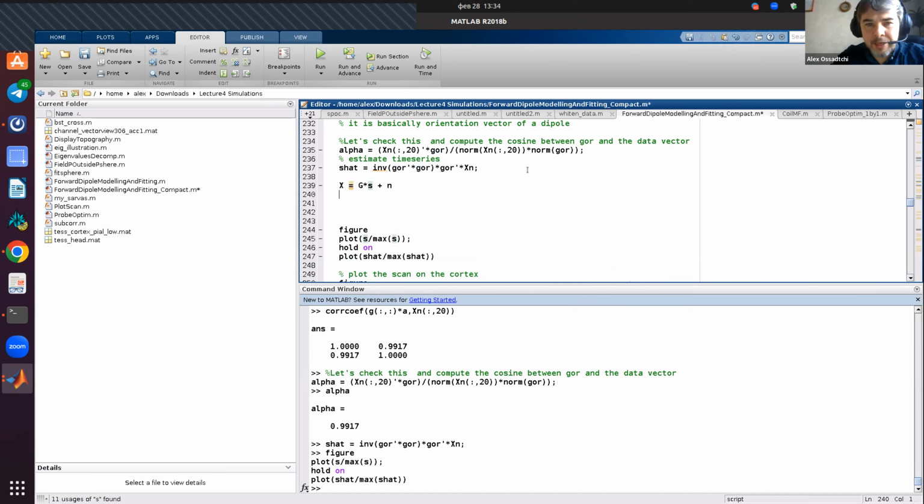I need S. And I tell you, multiply this data on the left by G transpose. G is a vector, a column vector. You multiply by G transpose, and this one by G transpose as well, and then you get this.